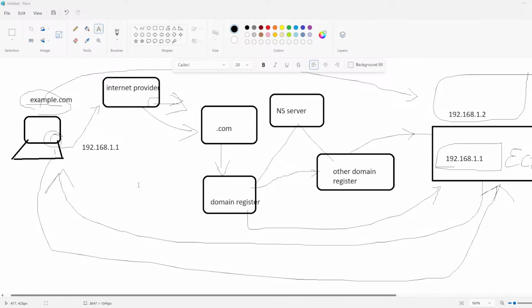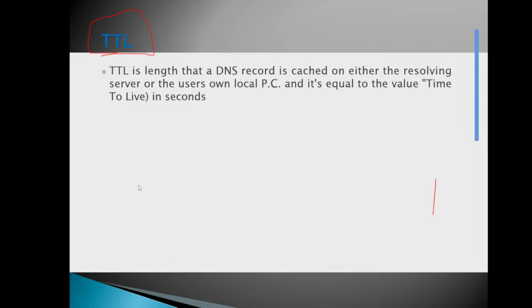Similarly, your DNS has a TTL, so that over the internet that URL or domain will be linked to an IP address. So TTL you have to be very sure about. TTL is the length of time that the DNS record is cached on either the resolving server or the user's local laptop or PC, and is equal to the time to live in seconds.